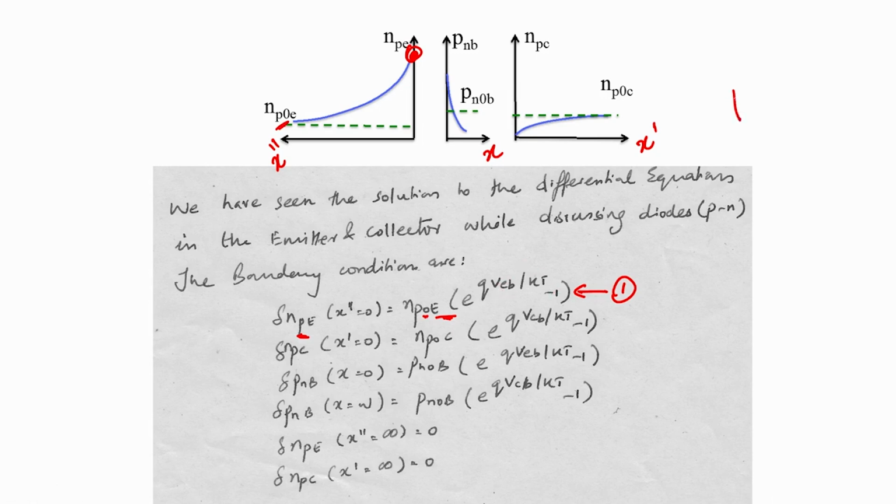V_EB is, if you think of the base emitter junction, that is the base emitter junction, we are looking at a PNP BJT. So, that is my base emitter junction, and this is the applied voltage.